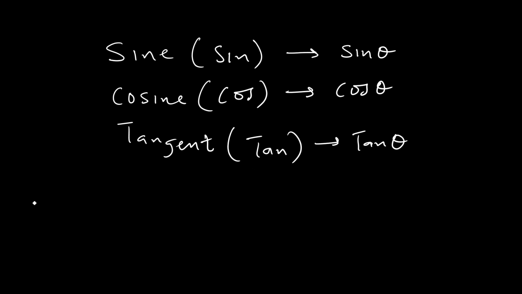When we talk about sine, sine is given by opposite over hypotenuse. So there is something we call SOHCAHTOA.